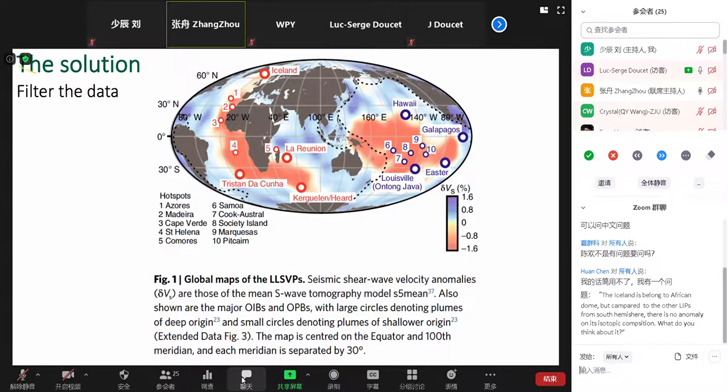I have a question that is not directly relevant to what you do, but it's related to the topic. Within LLSVPs, the low velocity zone is not homogeneous.